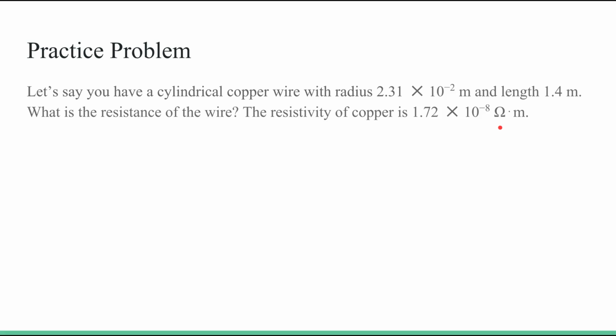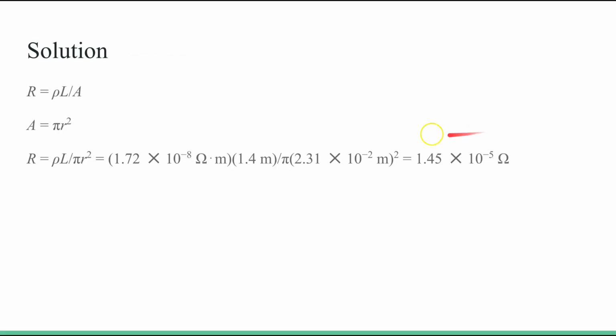I gave you a radius, so if you want to find the area, R equals rho L over A, and we know that A equals pi r squared, so it's basically the area of a circle. The electrons will be going through the circular part of the wire, not through the sides of the wire. So you use the area of the circle formed, and you get R equals rho L over pi r squared.